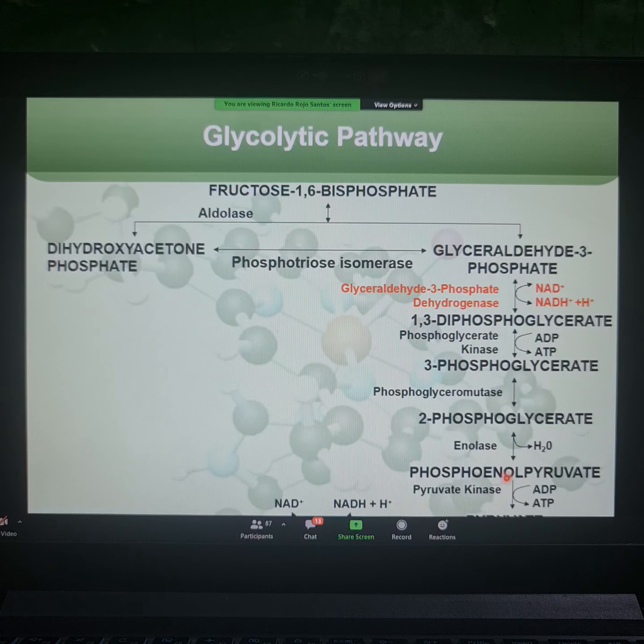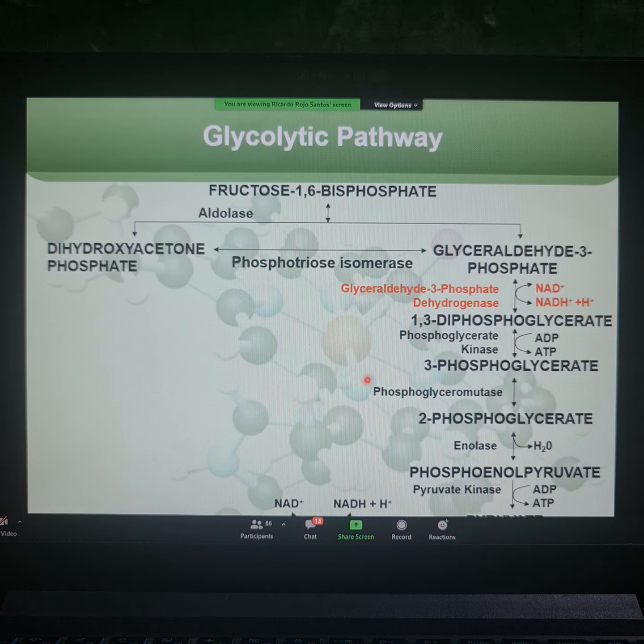And then phosphoenol pyruvate, another high energy compound, will be acted upon by pyruvate kinase. And the phosphate group will be transferred to ADP to form ATP. And that is another substrate level phosphorylation step, forming pyruvate.